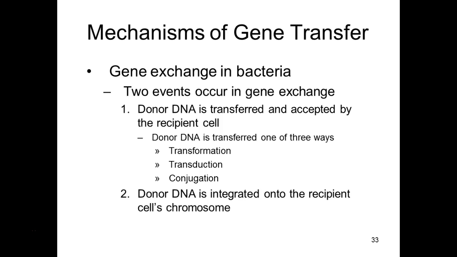We created a selective pressure on them. So although they can pick this stuff up one of three ways, they're not truly transformed, transduced, or conjugated unless they actually keep it. And they don't always keep it. Make sense? Still with me?